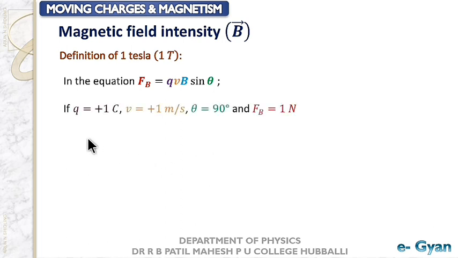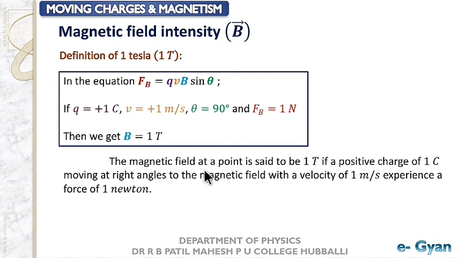Here let me substitute Q equal to 1 coulomb, velocity equal to 1 meter per second, theta equal to 90 to make sine theta equal to 1, and I'll put FB equal to 1 Newton, that is, magnetic Lorentz force equal to 1 Newton. If I substitute all these values, I get the value of B equal to 1, in terms of Tesla. So this comes out to be 1 Tesla.